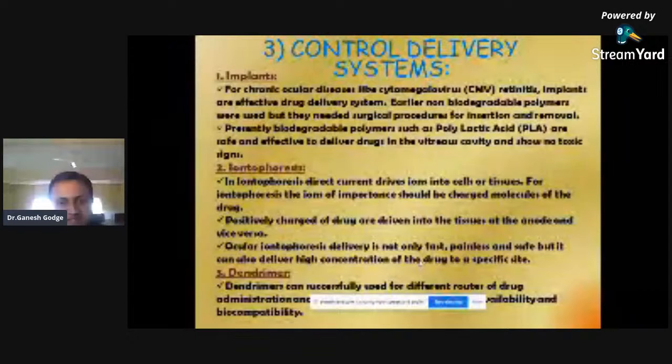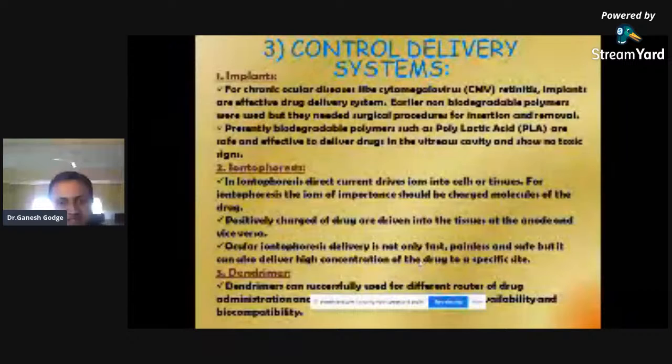What is the beauty of iontophoresis that we have discussed over here? Ocular iontophoresis delivery is not only fast and painless, but it also gives improved concentration of drug located at the specific site, due to which fast onset of action is quite possible with iontophoresis, another controlled or novel ocular preparation.